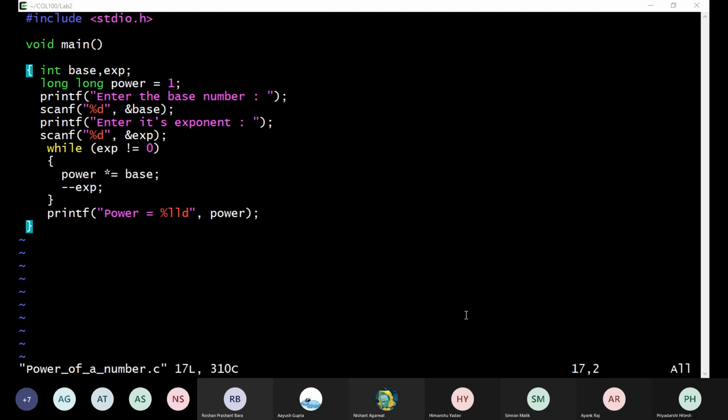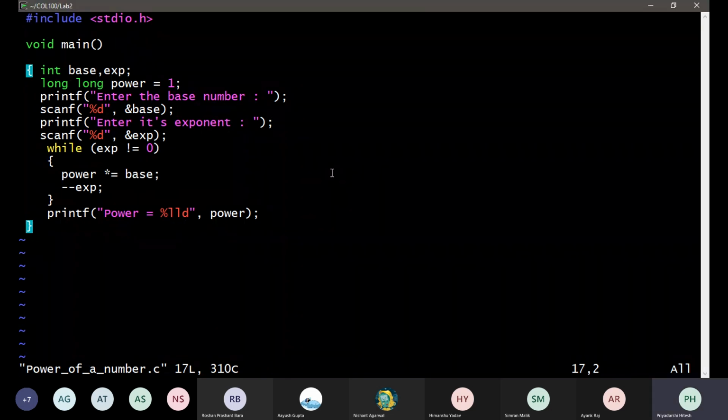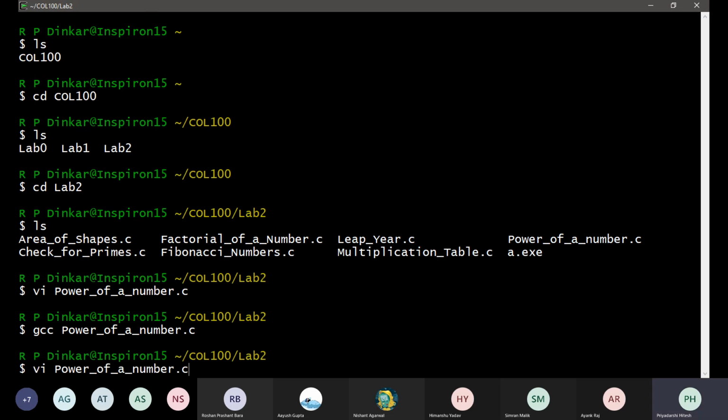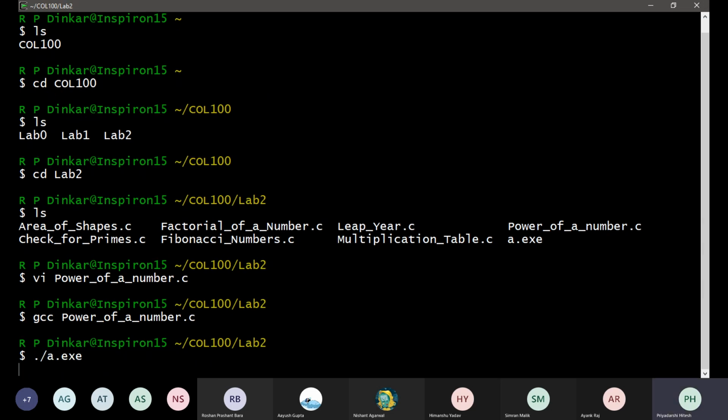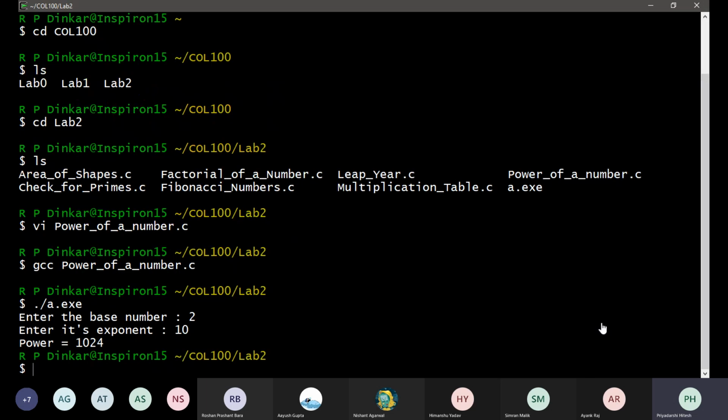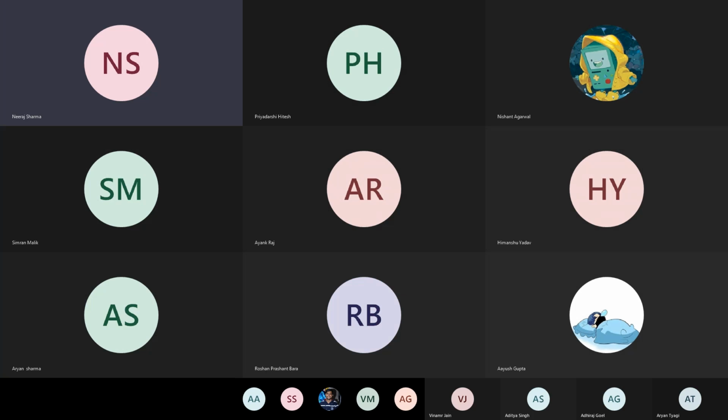Is it visible, sir? Yeah. Okay, fine. Sir, do we have to include prompts in our codes also, like enter the base number and enter its exponent?